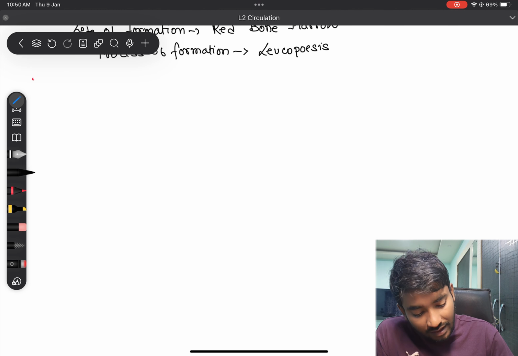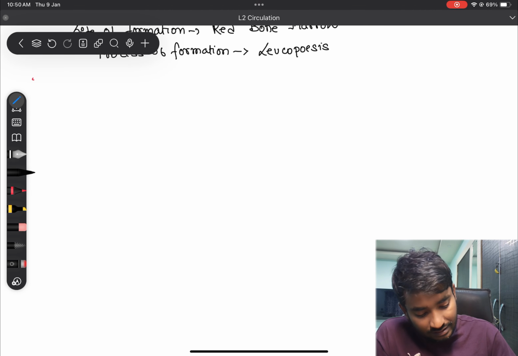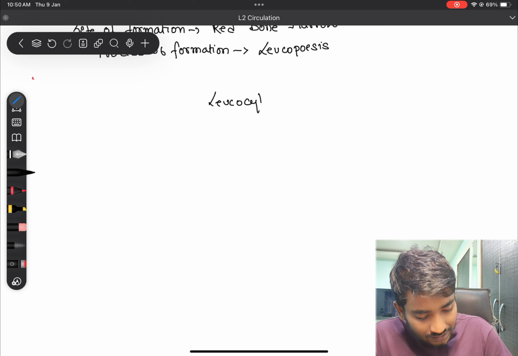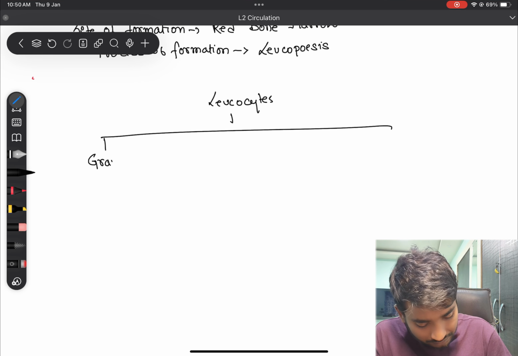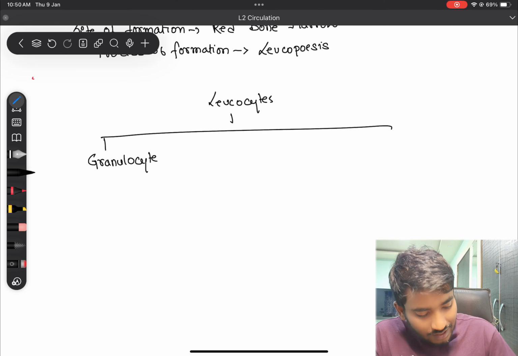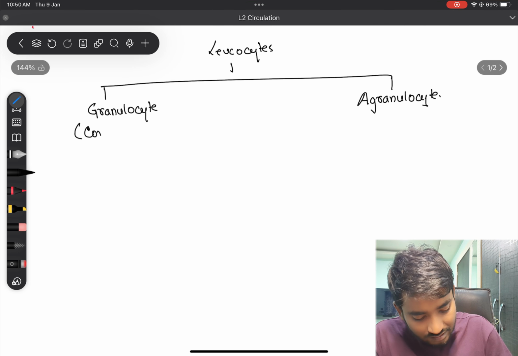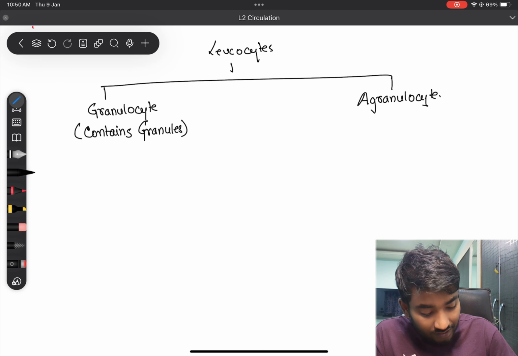Now, we can divide WBC into two parts, granulocytes and agranulocytes. Granulocytes contain granules, and in agranulocytes granules are absent.